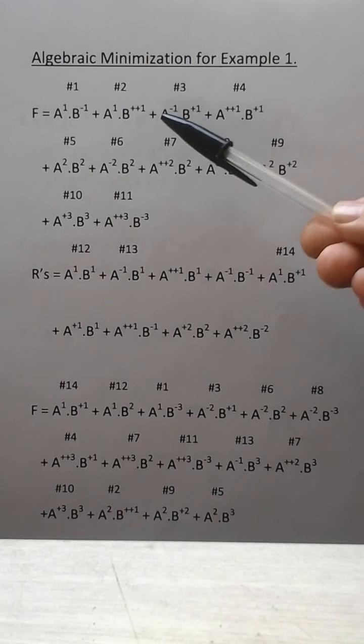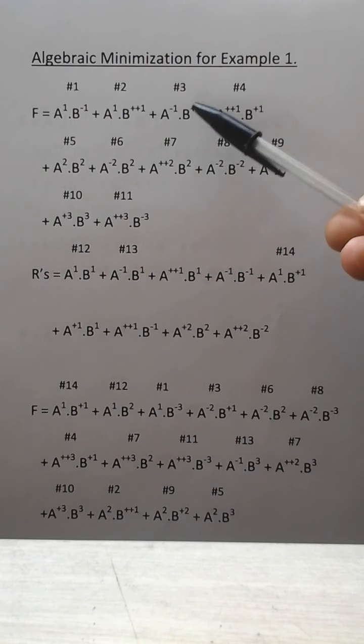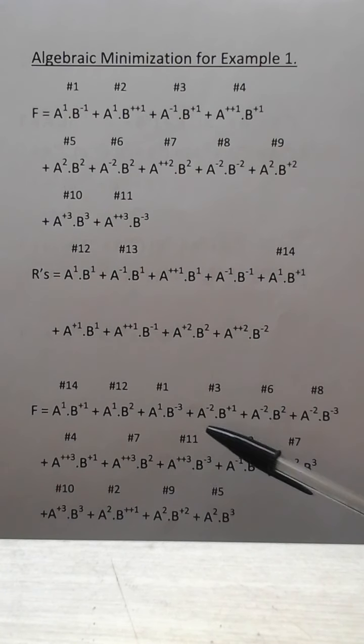Similarly here for 3, for example A1 min A minus 1 min B plus 1, I've done A minus 2 min B plus 1. So I've changed the n value to 2 there from 1, and you can do this throughout the expressions.